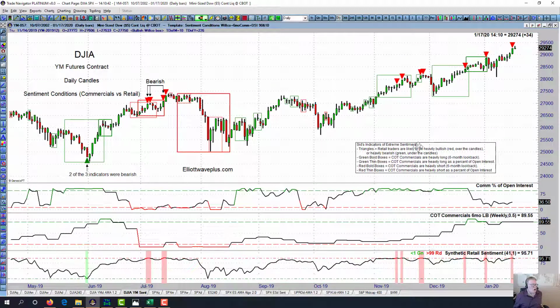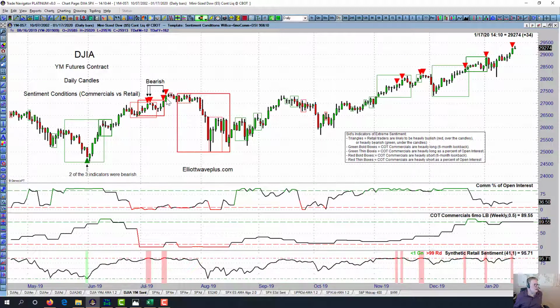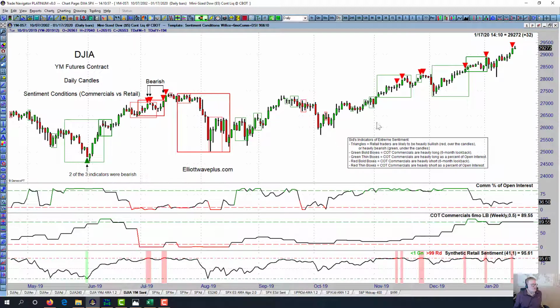I think it was called All About Sid's Momentum Algo. And then don't forget that you are also kept abreast of the current positioning of commercials and retail on as many items as I can on that list of 20. That information is available on the website.